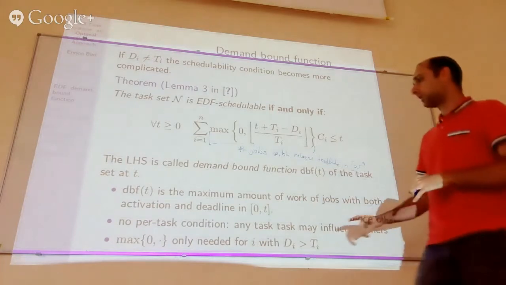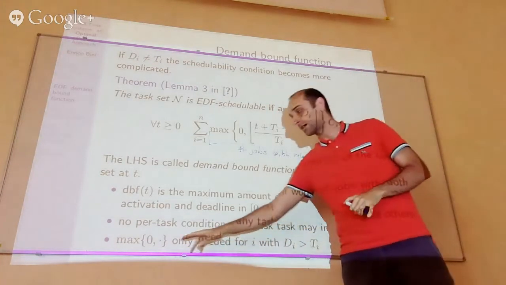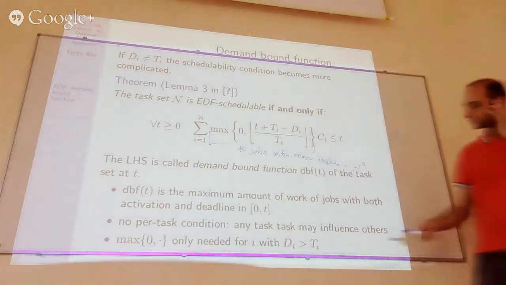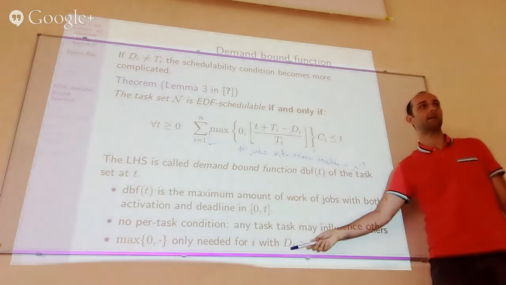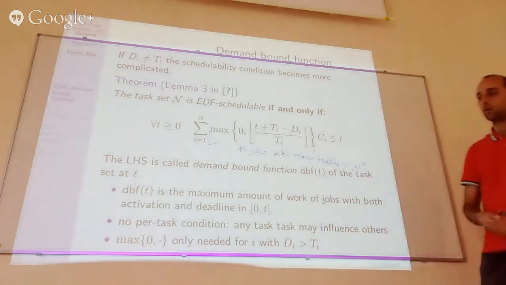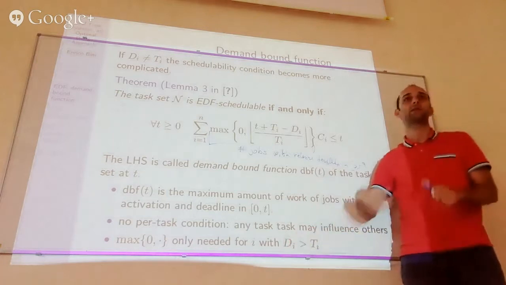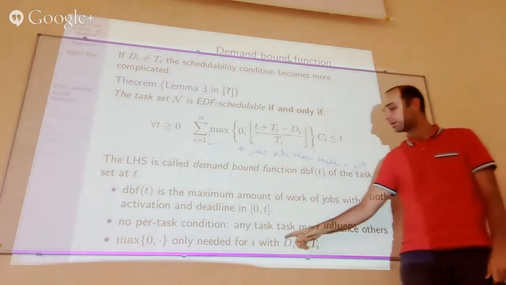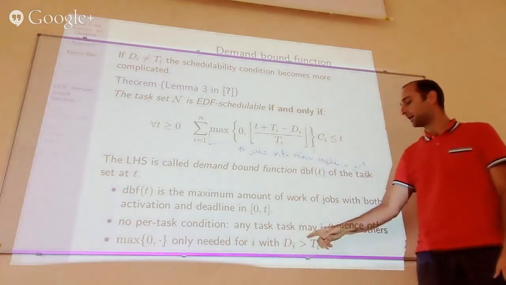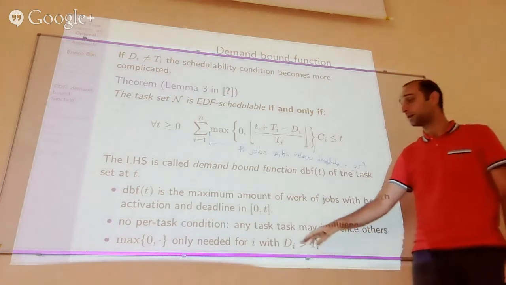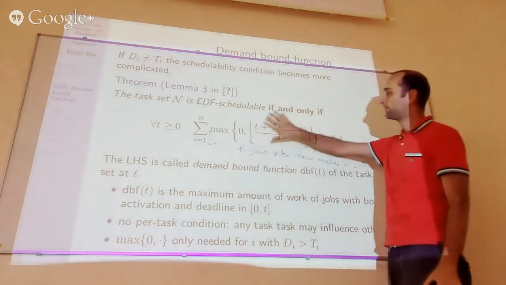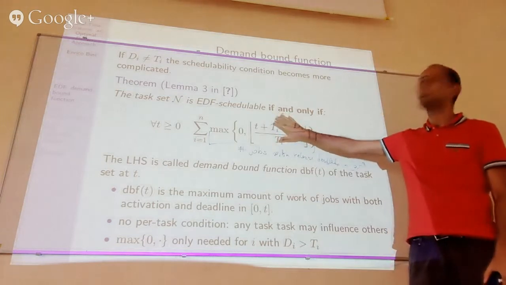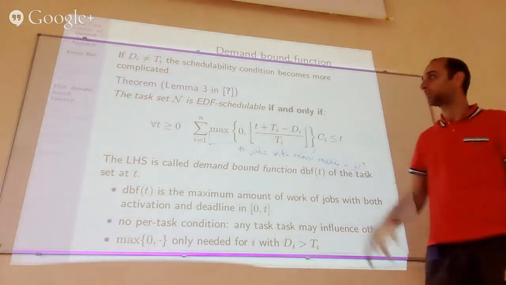The max with 0 is needed only if you have a deadline larger than the period. If you know that the deadline is always less than or equal to the period, then you don't need the max with 0, because the floor is going to be greater than or equal to 0 anyway.